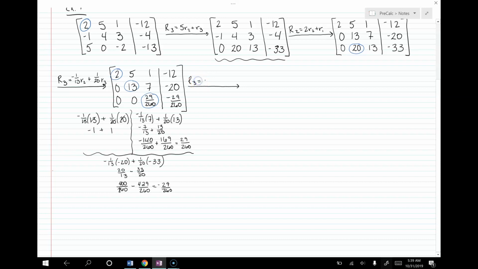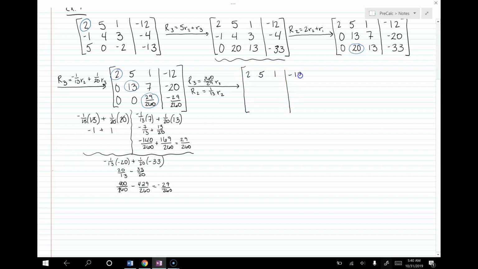I'm going to take old row 3, and I'm going to multiply it by 260 over 29. And I'm going to do 2 row operations at once. I'm going to create a new row 2 by multiplying it by its reciprocal as well. I know, poor row 1, we're not doing anything with it. You're coming next, row 1.